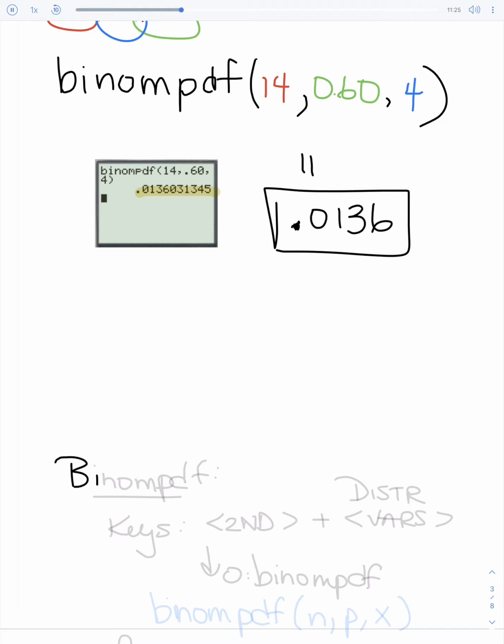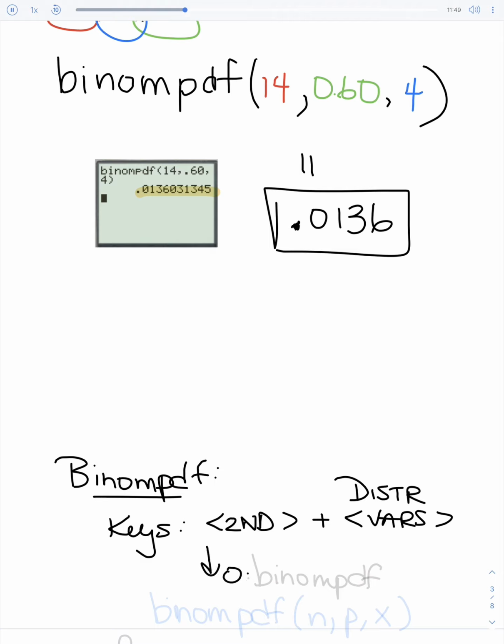You might want to have a little section that says binomPDF and what keys you need to hit, which is the second button, and then the vars or the DISTR key. And then you're going to scroll down to 0, which is the binomPDF.